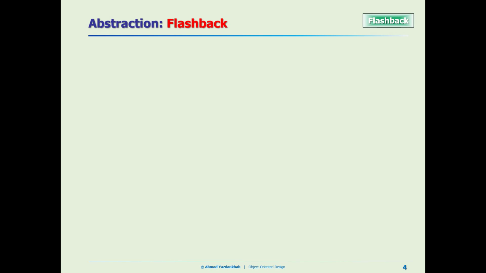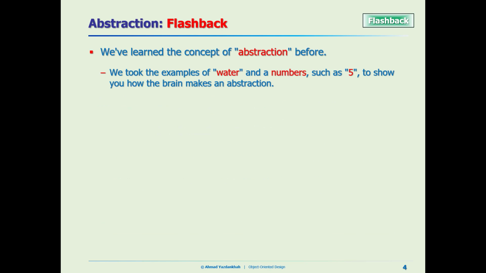We already mentioned something about the abstraction before. So let's first review what we learned before. You remember I talked about the water and number, and I explained how our brain, when we see many instances of water, will abstract a concept from the water.